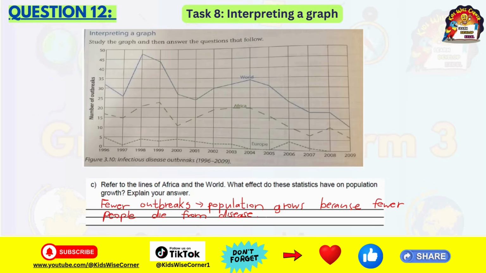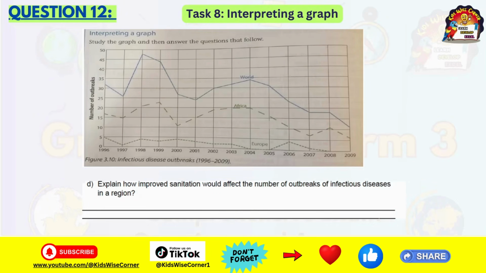We're almost to the end. We've got just about another 4 more questions. Explain how improved sanitation would affect the number of outbreaks of infectious diseases in a region. So improved sanitation means fewer outbreaks as waste is managed properly.